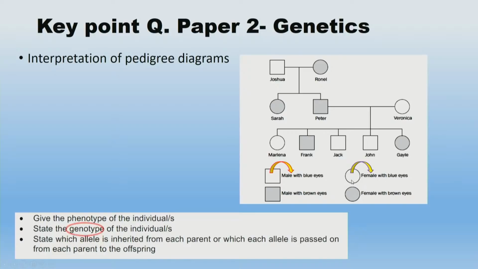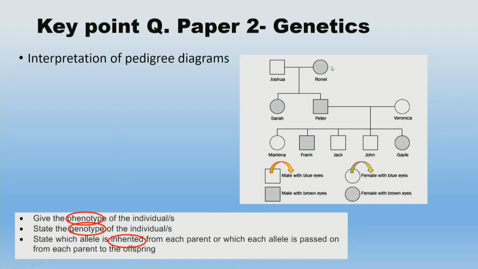Then another thing, you have to identify phenotypes of individuals when they give a genetic or pedigree diagram, or you must be able to identify a genotype or state which is inherited from each parent in this case of a genetic diagram. So just a tip on genetics.